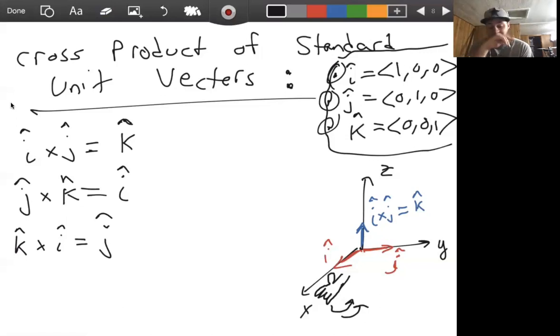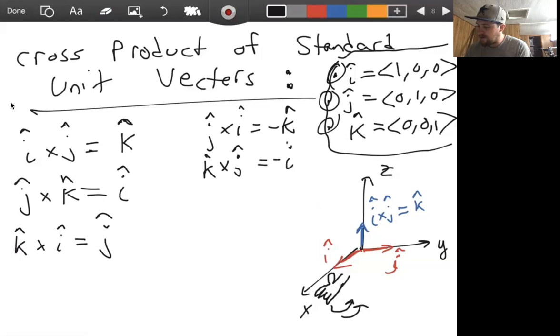And knowing that the cross product enjoys the anti-commutative property means that we can flip the order here and say that j hat cross i hat is negative k hat, k hat cross j hat is negative i hat, and i hat cross k hat is negative j hat.